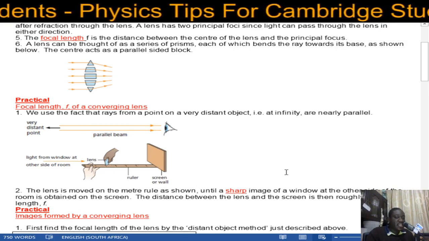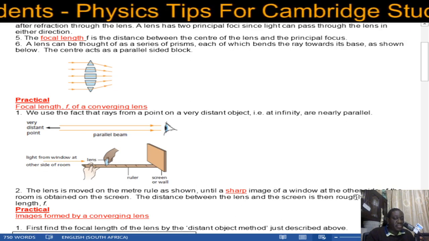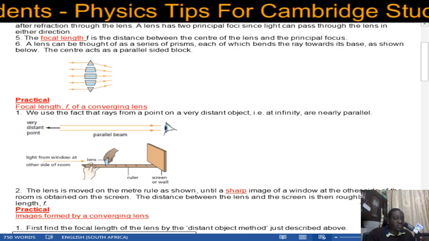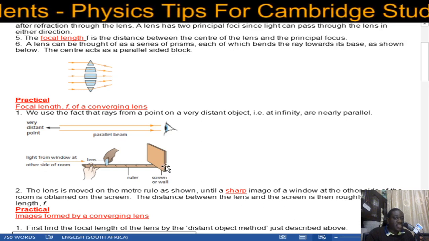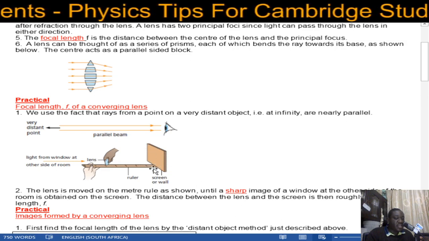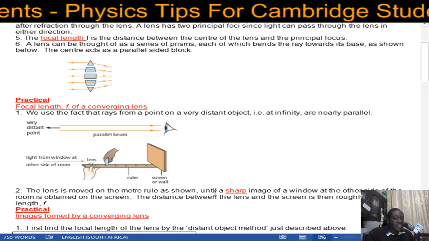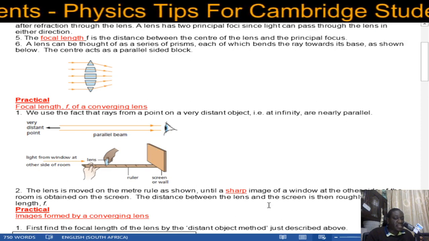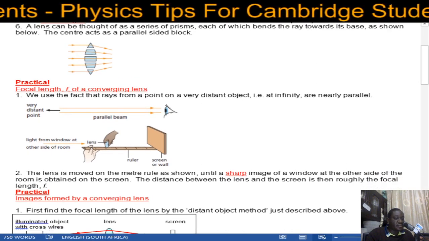The lens is moved on the meter rule until a sharp image of a window at the other side of the room is obtained on the screen. The screen could be anything that you take. Could be a whiteboard. Just take a piece of whiteboard and put it there. That becomes your screen. So the distance between the lens and the screen is then roughly the focal length of the lens.